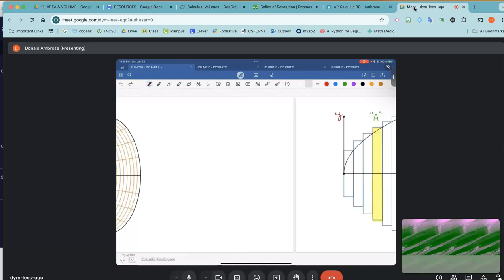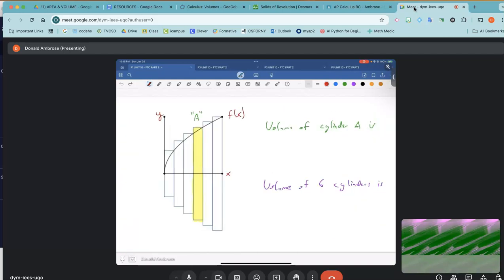So, for this A cylinder, hopefully you would agree that the radius of that cylinder is going to be that length, which because of the graph of f of x, is going to be equivalent to f of the x value right here. So that r we can say is just equal to f of x.